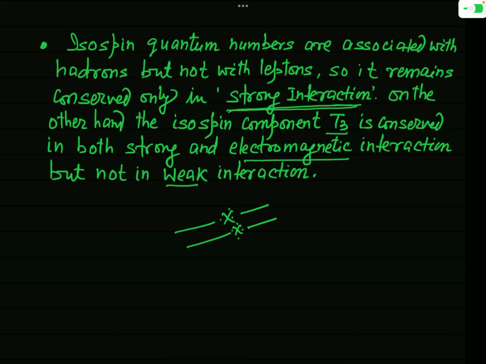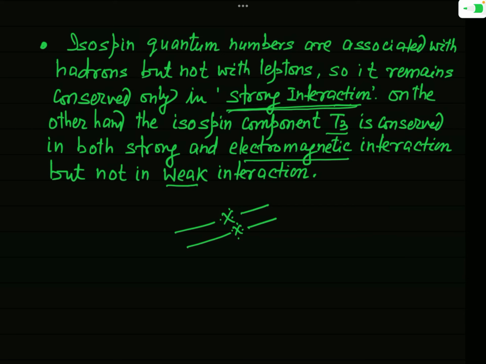Remember this fact. In objective exams, such questions are asked: the isospin quantum number remains conserved in which interaction? Choices will be strong interaction, weak interaction, electromagnetic interaction, all of these.